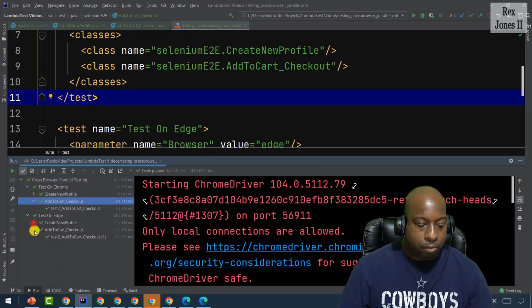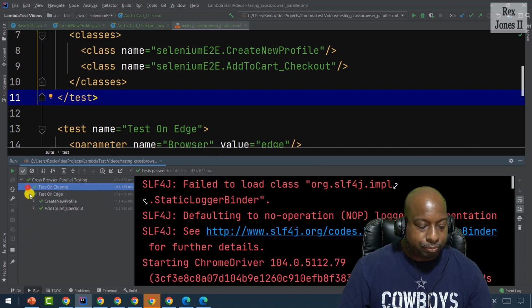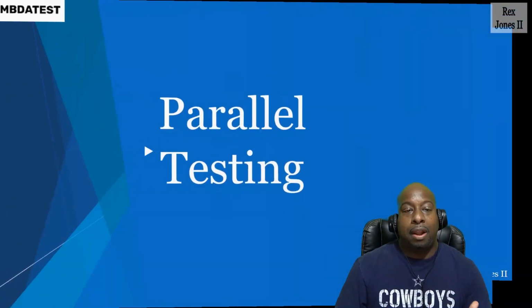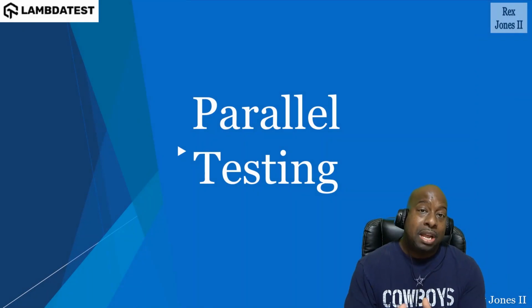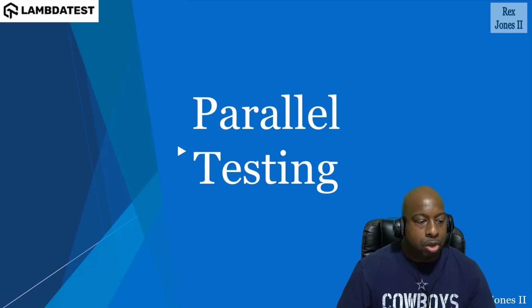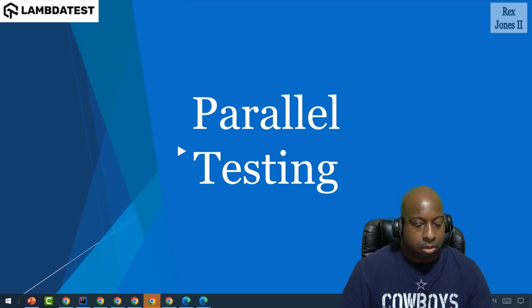That's it for cross-browser testing. The next concept is parallel testing. It's a process of running two or more tests at the same time. We go back to the XML file.